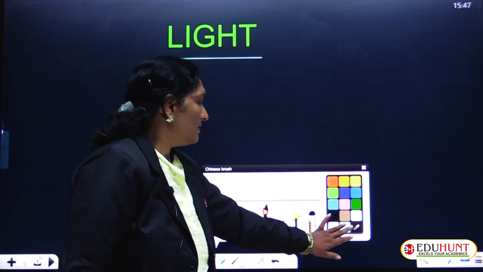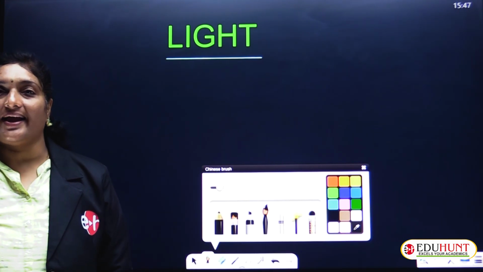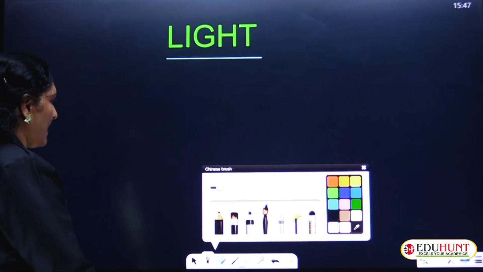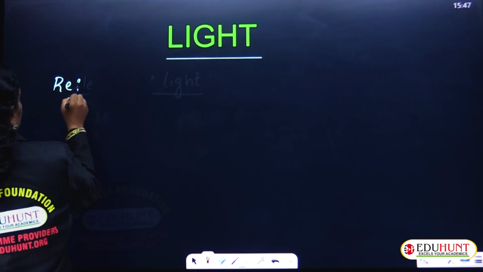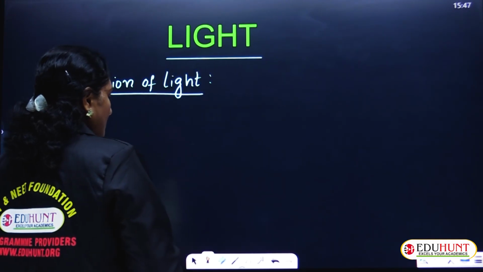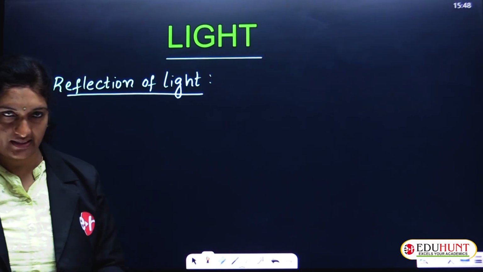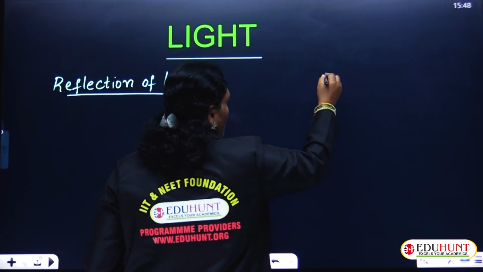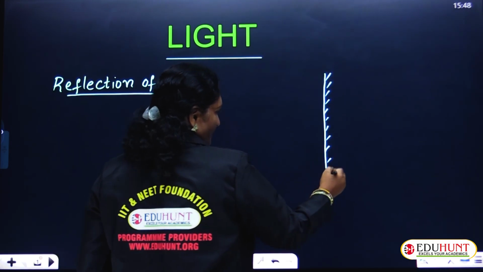First of all, let us try to understand the main property of light, that is reflection of light. Whenever a beam of light falls on a surface, let us suppose a surface. Let this be a surface.